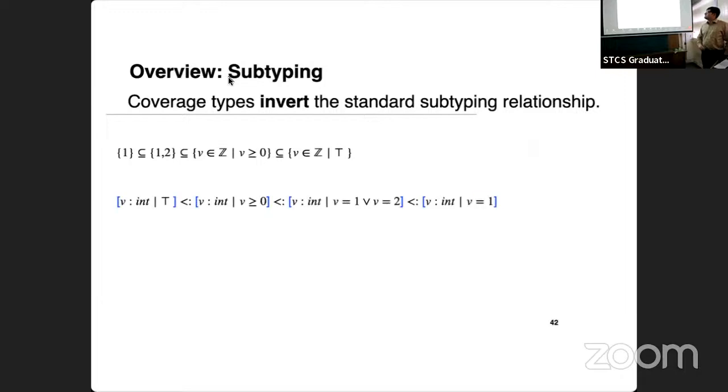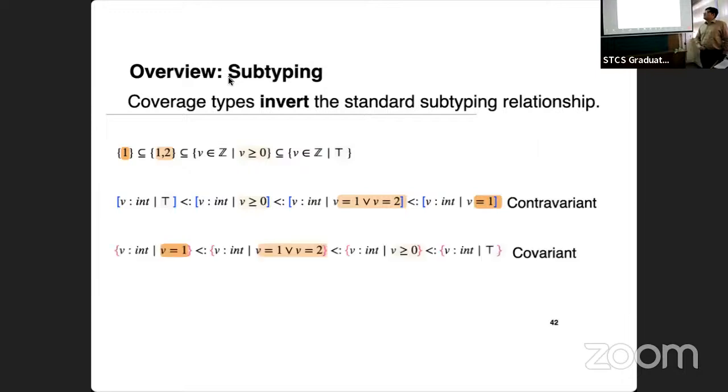In the coverage type world, the subtyping check is contravariant with respect to the subset relation in this set world, while in the refinement type world, it is covariant. I won't go into covariance and contravariance again.